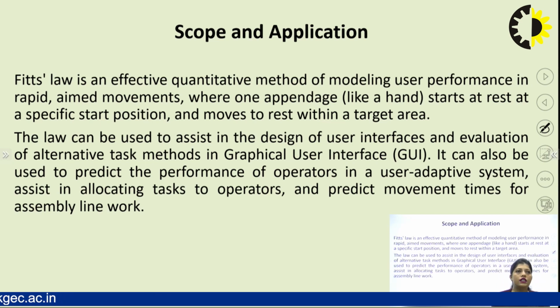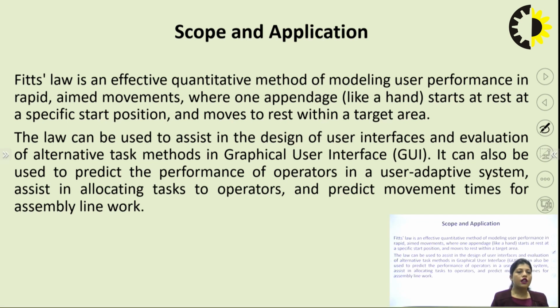Fitts' law is an effective quantitative method of modeling user performance in rapid aimed movement, where one appendage, like our hand, starts at rest at a specific start position and moves to rest within a target area. For example, at this position we have the hand of the user, and this is our object.